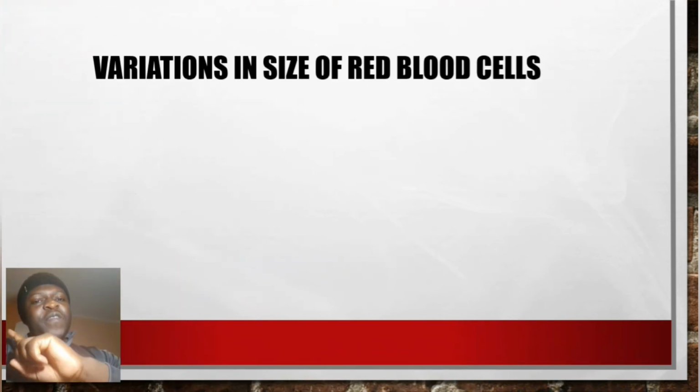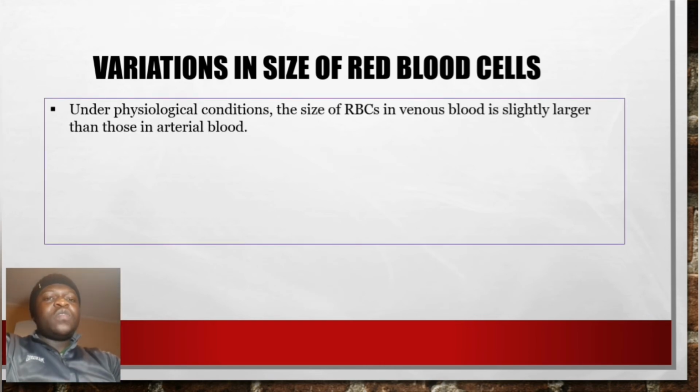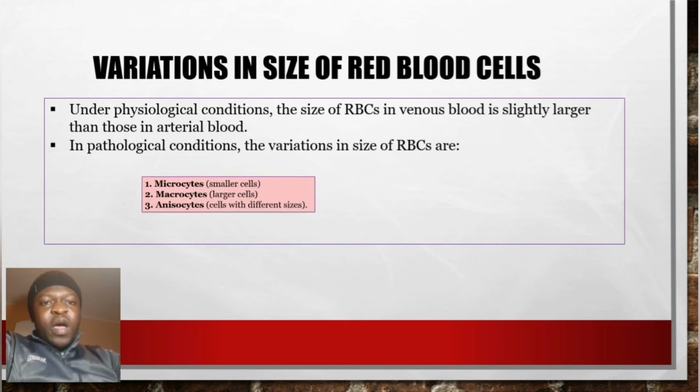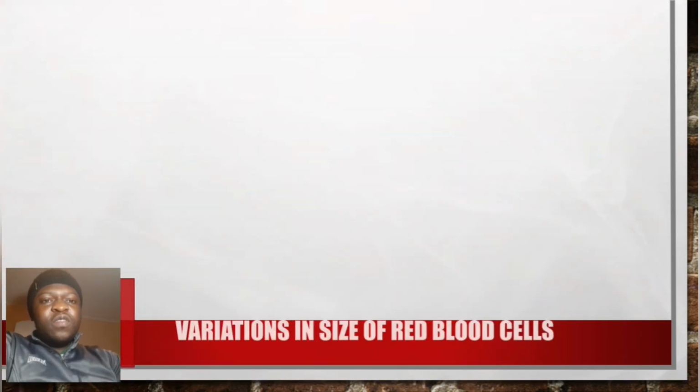That was a variation in count. Now, variation in the size of RBCs. Under physiological condition, the size of RBCs in venous blood is slightly larger than those in arterial blood, right? And in pathological conditions, there are variations in the size of RBCs. They can be microcytes, for smaller cells, macrocytes, larger cells, and number three, anisocytes, the cells with different sizes, right?